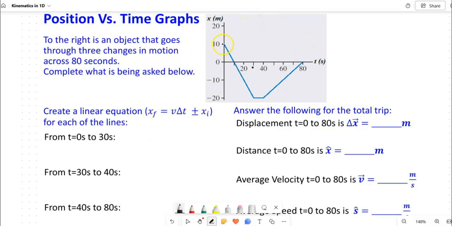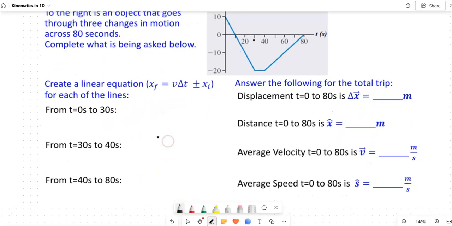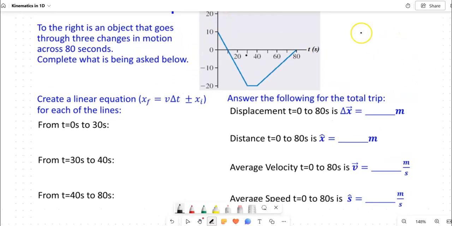So we're supposed to create equations just like we did here for each one of these lines. There's the 0 to 30 second line, and then 30 seconds to 40 seconds, and then 40 seconds to 80 seconds. So we're going to create these little predictive equations. All right.